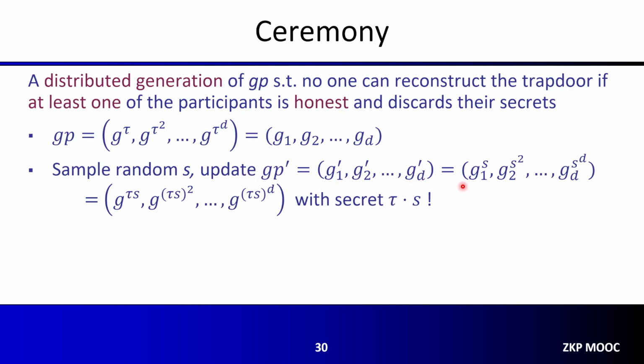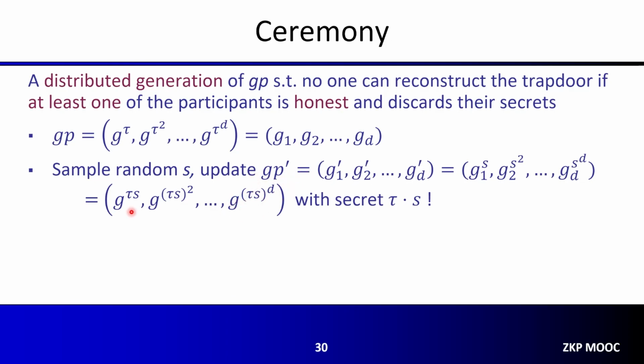And the update is very simple. We are going to raise each element of this existing global parameters, g1, g2, and gd, to the corresponding powers of s. We'll compute g1 to the s, g2 to the s squared, all the way to gd to the s to the d. And if you just write down this equation formally, you can see that if GP is honestly computed, then this set of global parameters becomes g to the tau s, g to the (tau s) squared, and all the way to g to the (tau s) to the power of d.